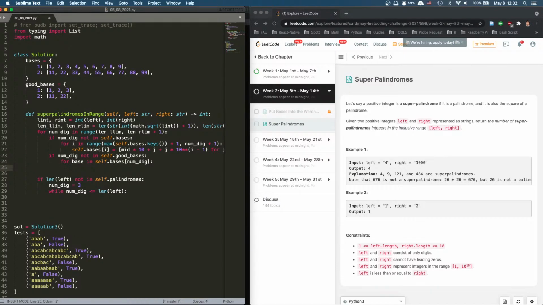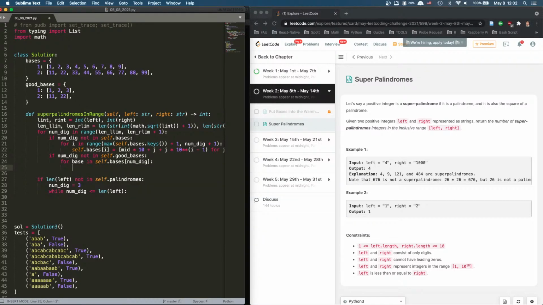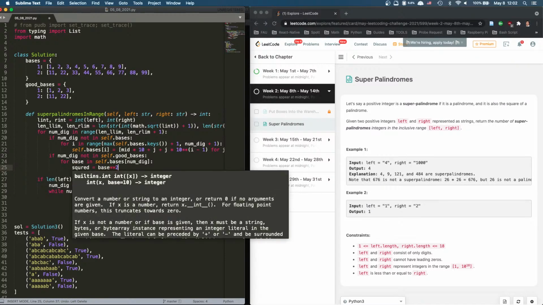So we say base in self.basis num digit. So we just take every single one of these, and we say squared equals base, right? Squared is this, and no, we don't need the square. We just need to see if no, we do need this. Squared is this, right?